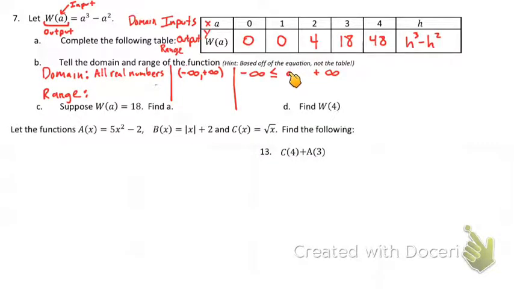We can plug in any number for A as long as it's smaller than the biggest number, which is positive infinity. So that's why we put these inequality signs or alligator mouths. This says we can plug in any number bigger than negative infinity, and we can plug in any number smaller than positive infinity. This guy and this guy mean exactly the same thing. Okay?